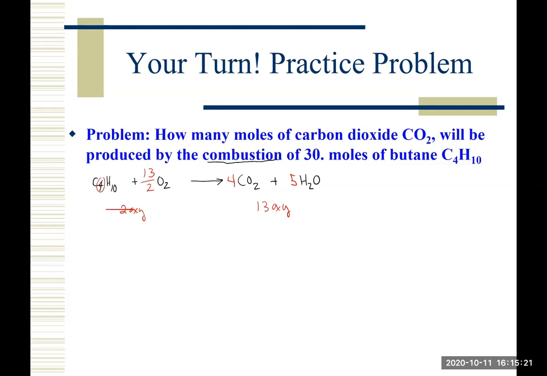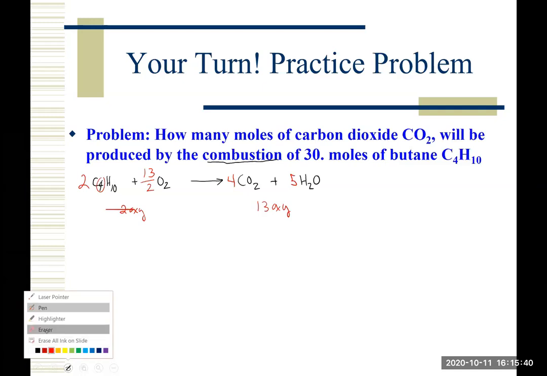But we have to multiply this entire reaction equation through. All the stoichiometric coefficients have to be multiplied through by 2. So that's going to give us 2 times 1 is 2 out here in front of butane. And 2 times 13 halves is going to give us 13 in front of this O2.